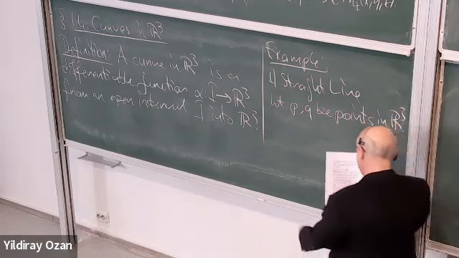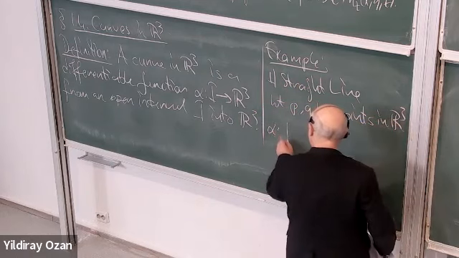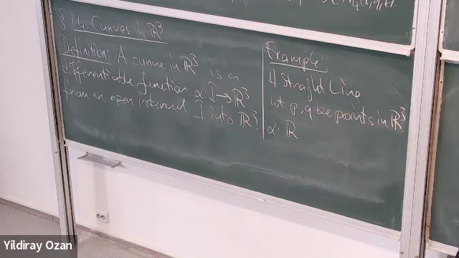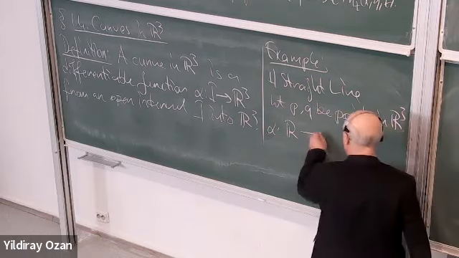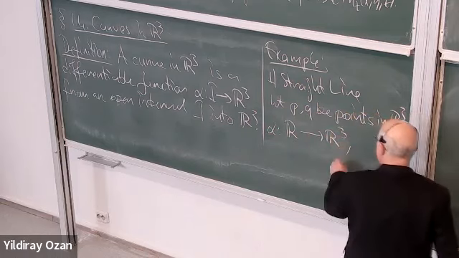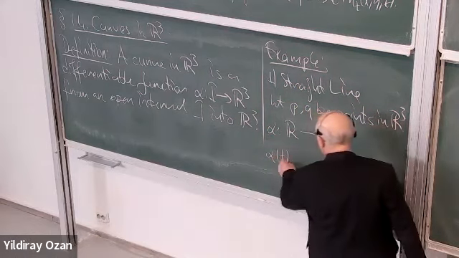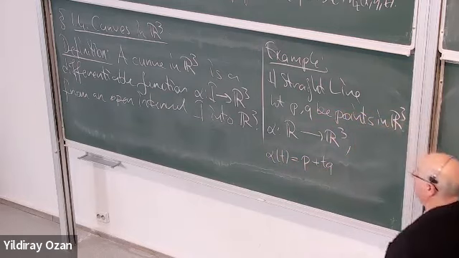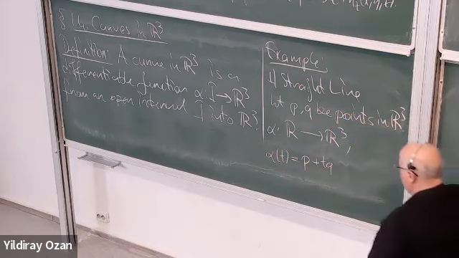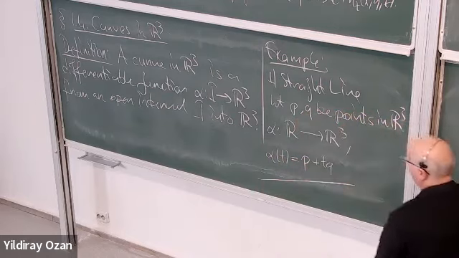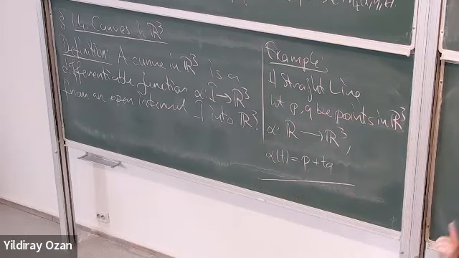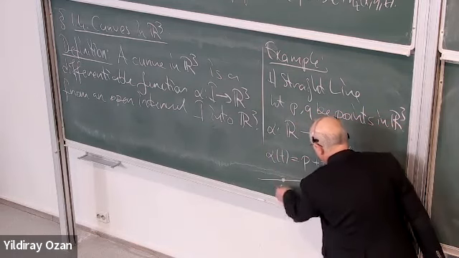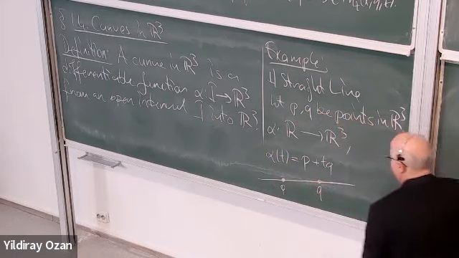Then I take my interval R, minus infinity to plus infinity, an open interval, into R3. And it's given like this: alpha of t is P plus tQ. Okay, so what is this? This is nothing but a parameterization of the line joining P and Q, right?